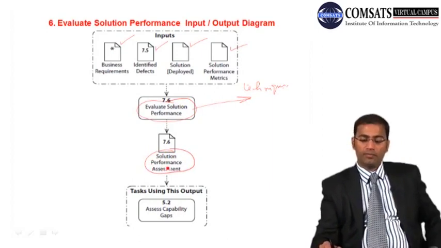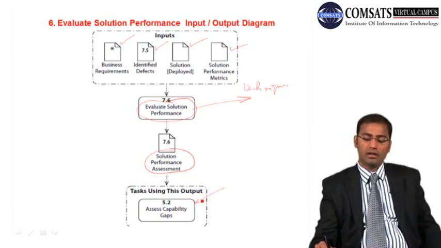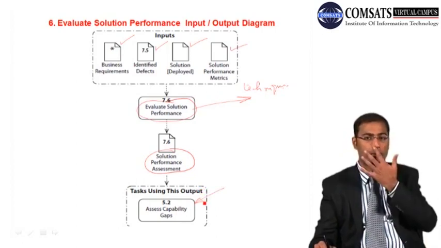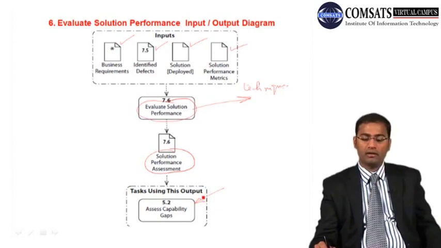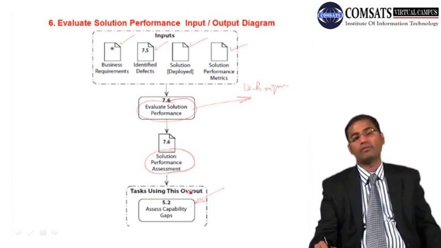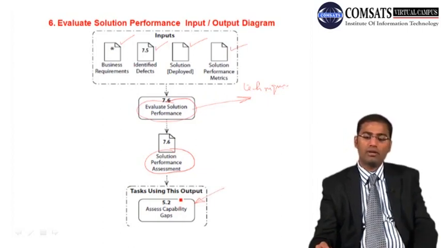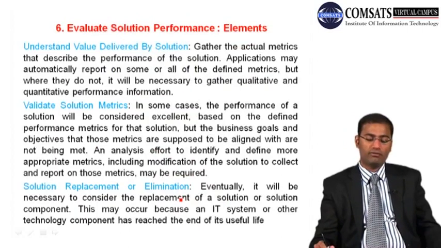And this assessment will actually be used in assess capability gaps. This output will eventually be input to that task. So this is how the input and output diagram of evaluate solution performance looks.